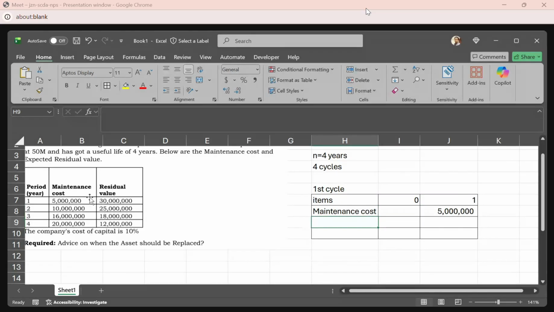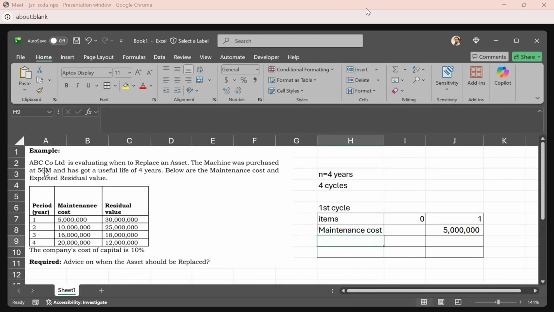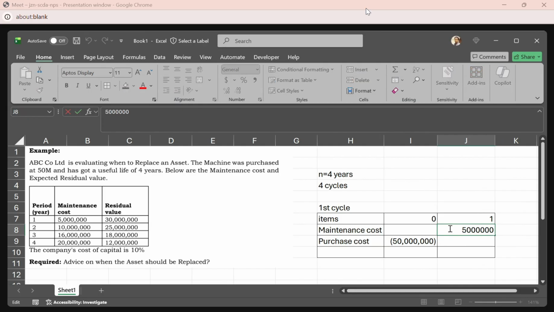You will purchase this machine for 50 million. So you can put here initial investment or purchase cost; these are the same. We're putting 50 million. Those 50 million are an outflow, and this maintenance cost is an outflow, remember.